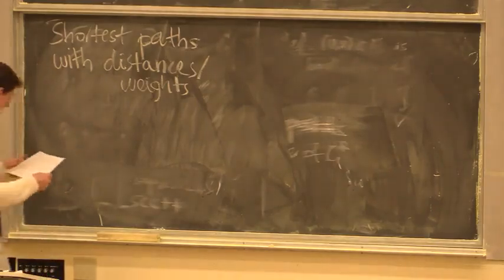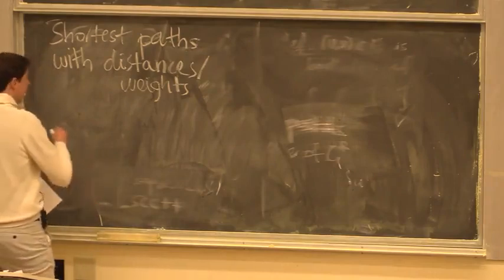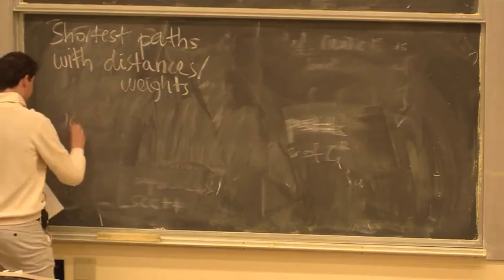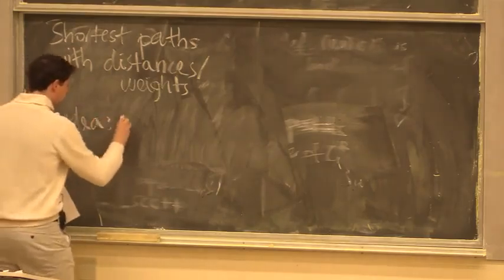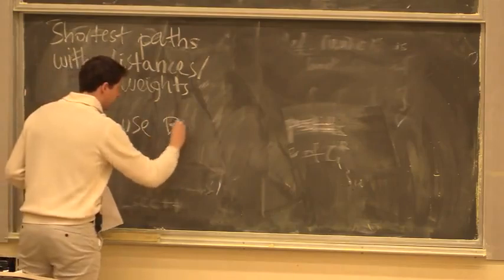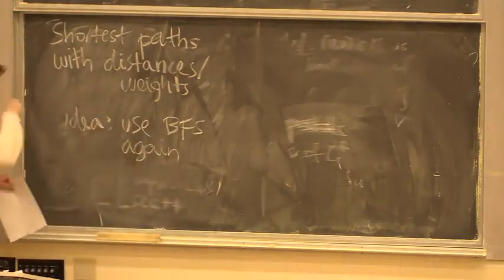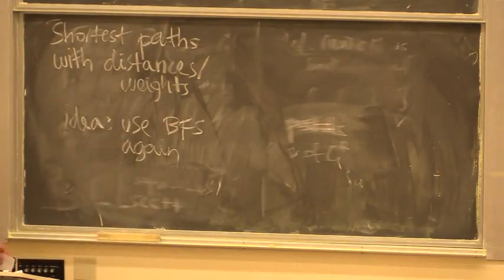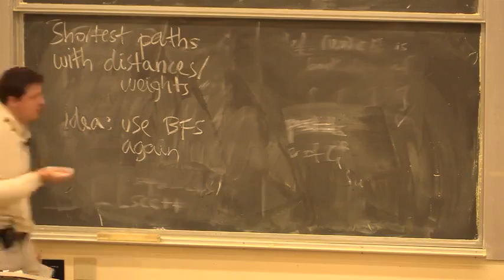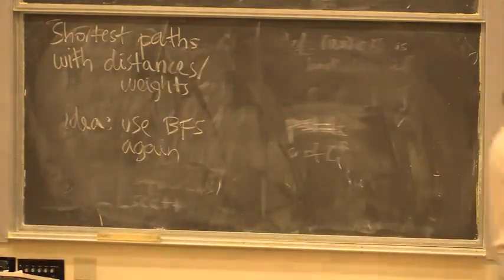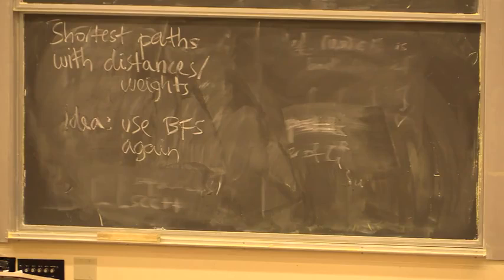So the first idea would be to use BFS again. Now, this idea is kind of ill-defined. What does it mean to use BFS again? BFS specifically says, look, I am going unit by unit, because I know all edges matter the same.